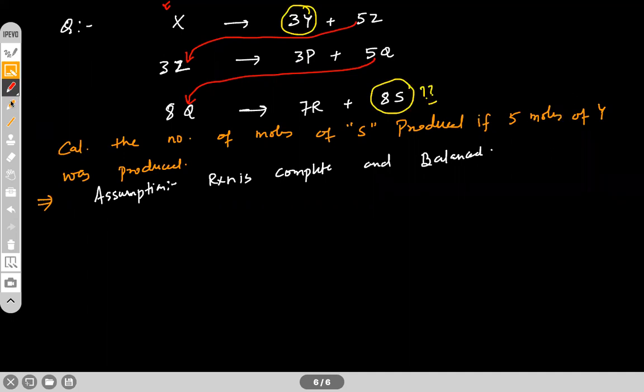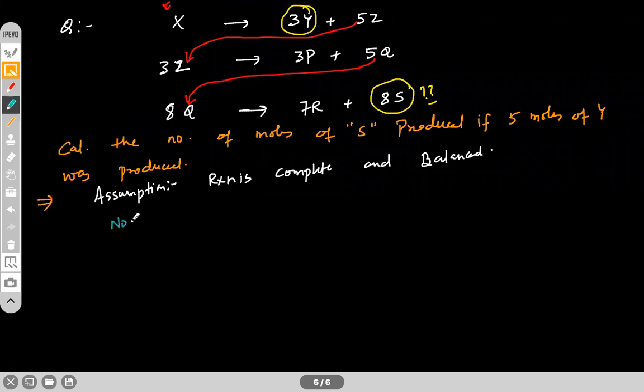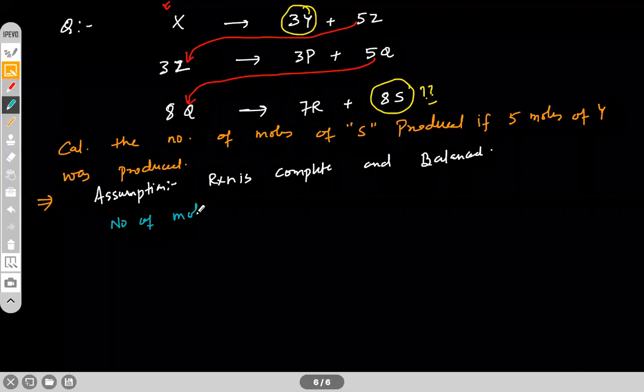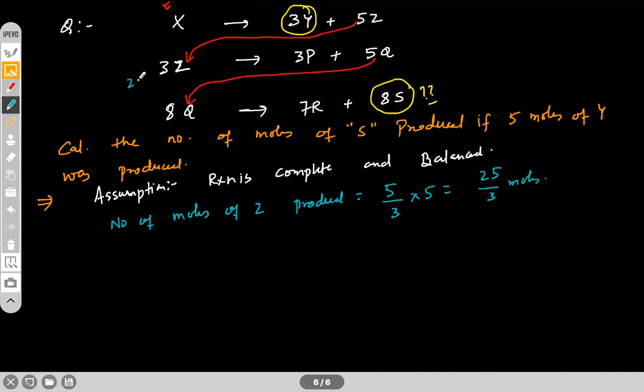The number of moles of Z produced is equal to, 3 moles is 5, so 1 is 5 by 3, so 5 is 5 by 3 into 5. Is it correct? 25 by 3 moles of Z produced.